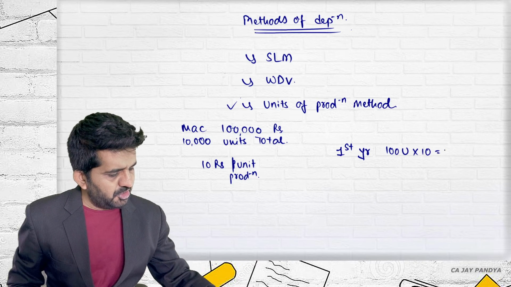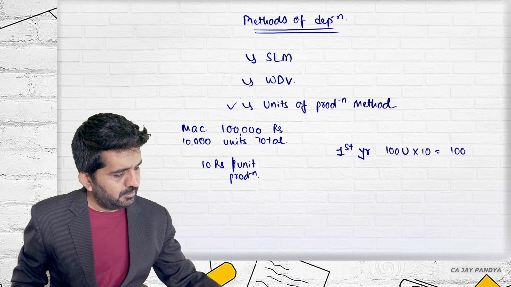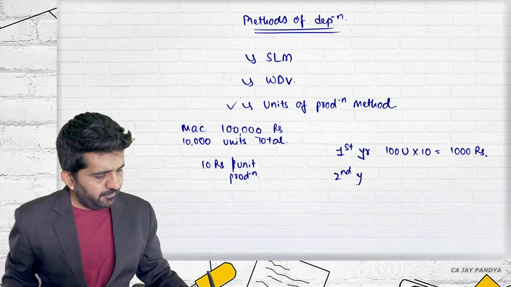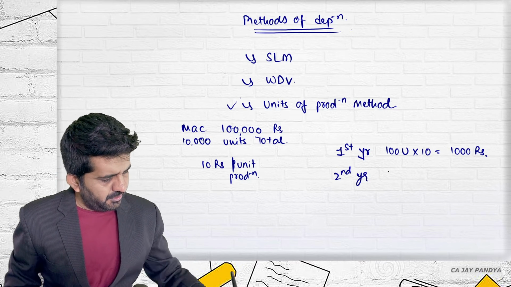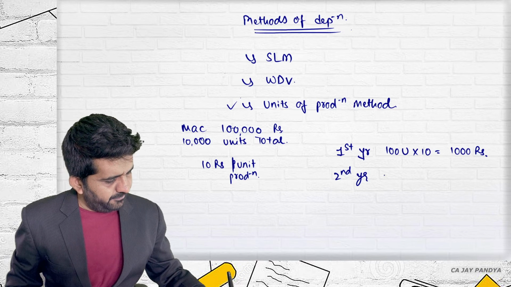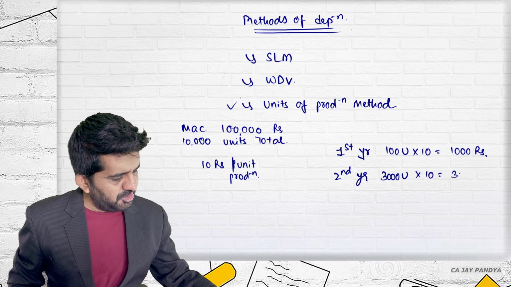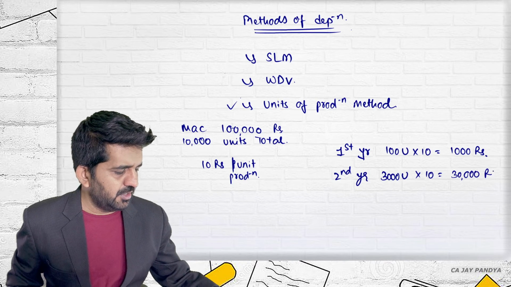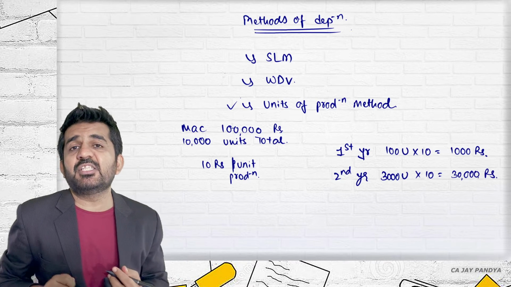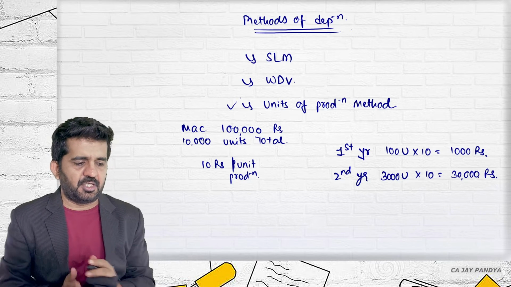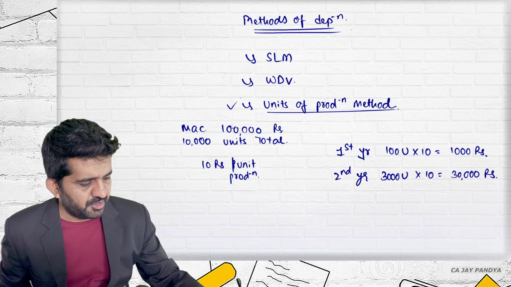How much depreciation will you provide? 1,000 rupees. In the second year, you have manufactured, say, 3,000 units. How much depreciation will you provide? 30,000. Based upon units manufactured, you will be providing depreciation. This is nothing but the unit of production method.